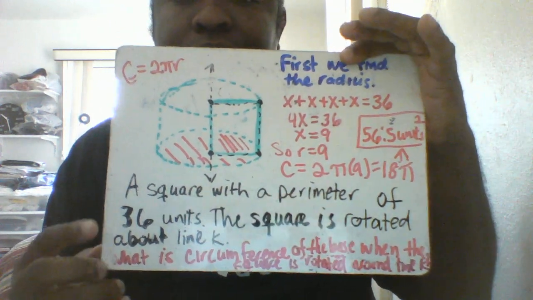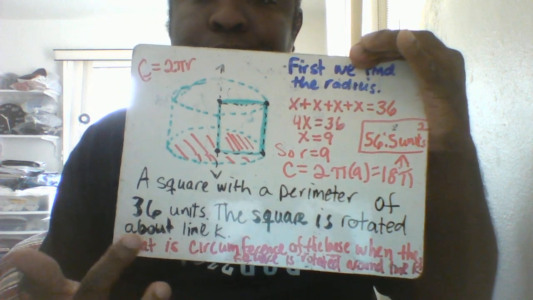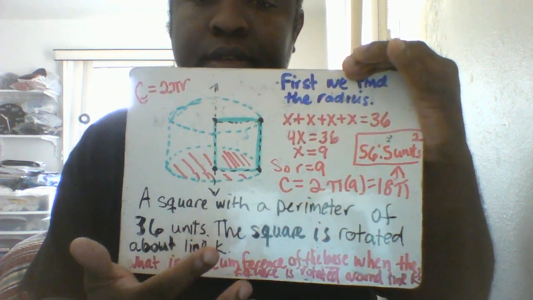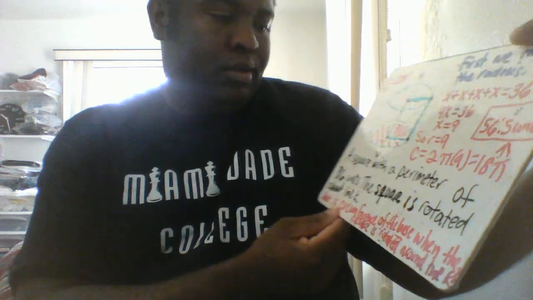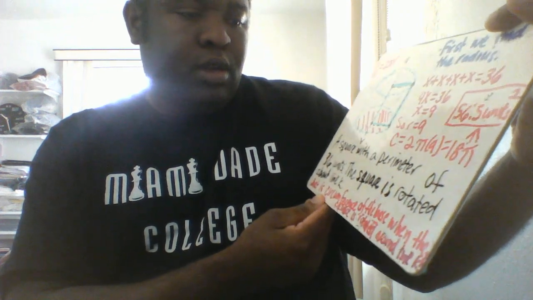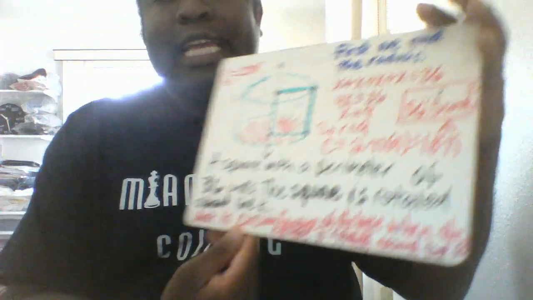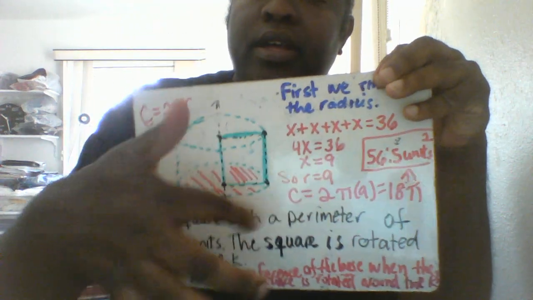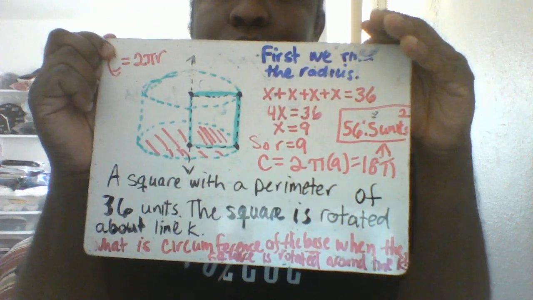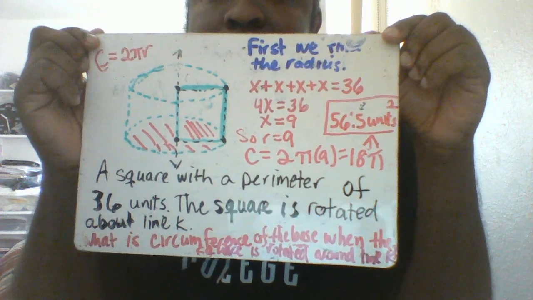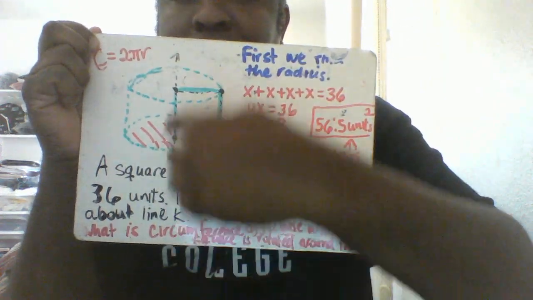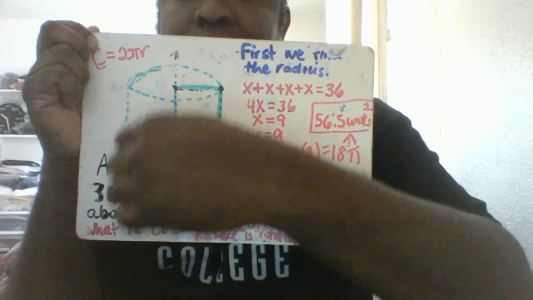It says a square with a perimeter of 36 units, and the square is rotated about line K. So we have this square, it's 36 units and is rotated around line K. Okay, so there's line K right here. So if you rotate it, you'll see what you get.